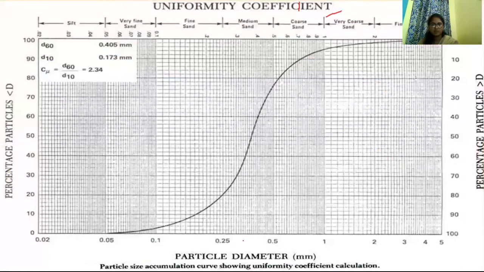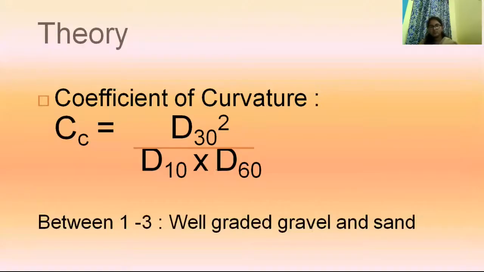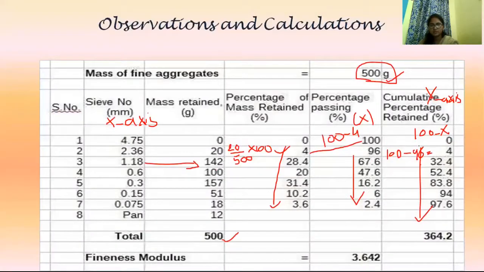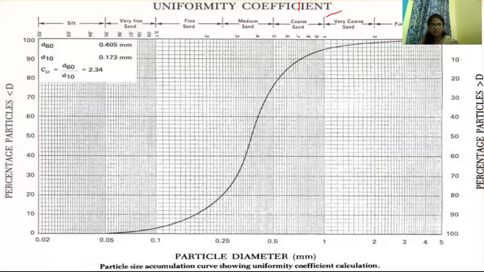Now, particle sizes and cumulative percentages: for 4.75, the value is 0; for 2.36, 4; for 1.18, 32.4. Like this you can plot the diagram and we get an S curve.